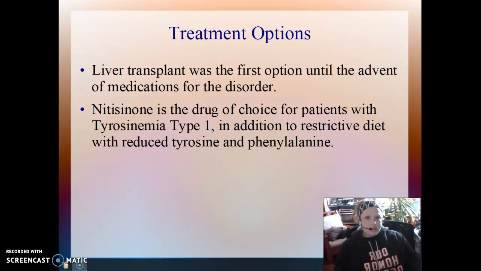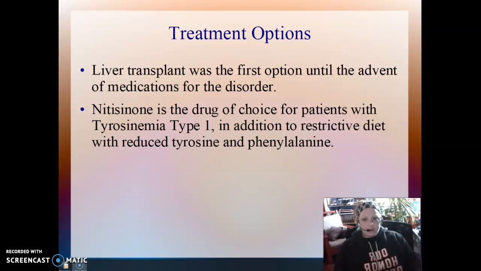So when we do find an individual that has this disorder, what do we do? What's our treatment plan and options? Up until recently, and I mean in the last few years, liver transplant was the only option. It's pretty invasive, especially for infants, until we invented a medication for the disorder.